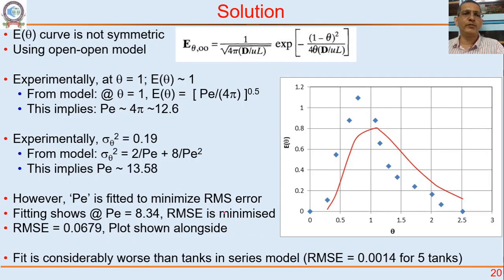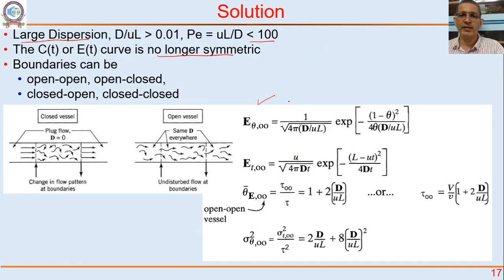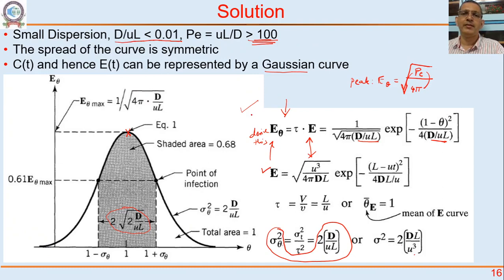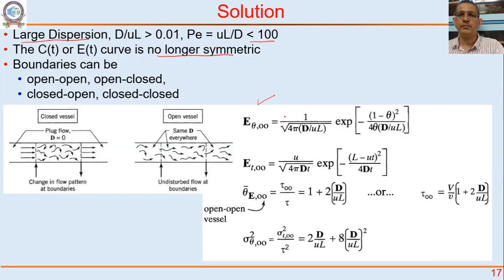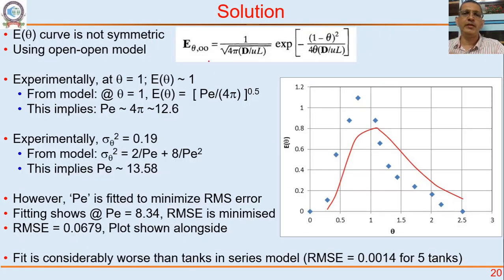So in other words, if you try to fit this model using the open model, we should be fitting this model rather than this model. It's no longer symmetric. So you take these expressions. Okay, E theta for the open case, what is the value? 1 by square root of 4 pi D by uL, e raised to minus (1 minus theta) square divided by 4 theta divided by Peclet number.